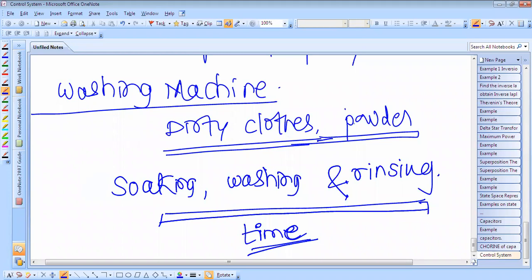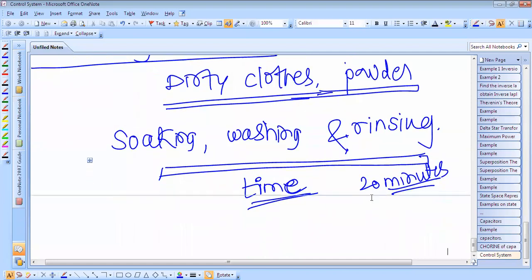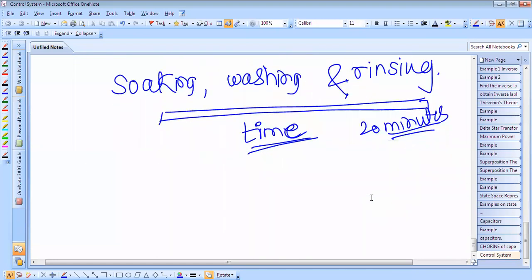Once you provide the dirty clothes and powder input to the machine, it will take the water automatically and do these functions for some time, suppose 20 minutes. After 20 minutes, the machine will stop, and there is no guarantee whether the clothes are clean or dirty.